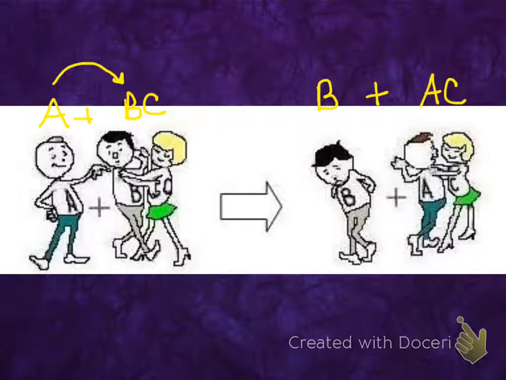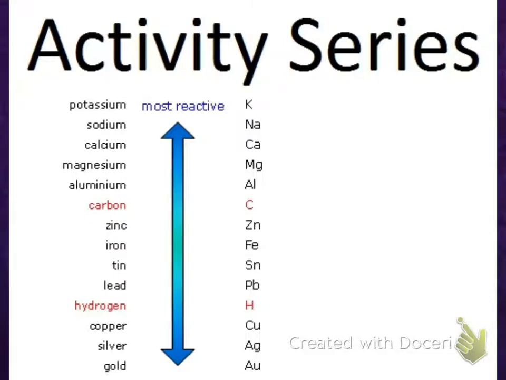All right, so let's look at this. There's one thing that we have to look at when we are looking at single replacement reactions, and that is, why would girl C choose guy A over guy B? Okay, and we have to look at this in terms of chemicals. And with our elements, we have something called the activity series.